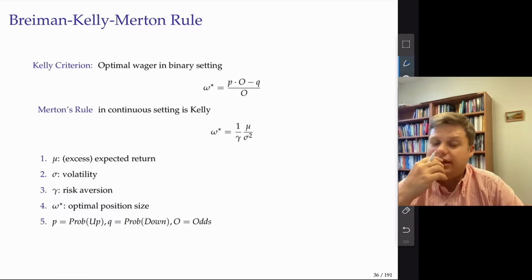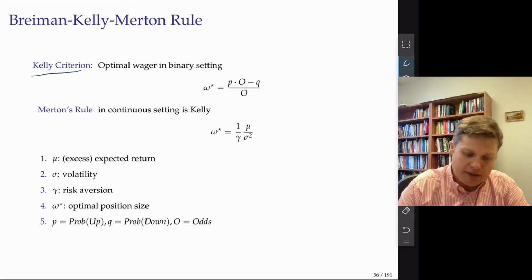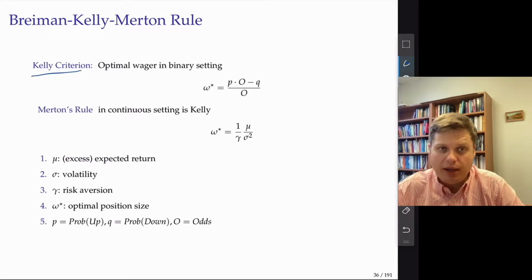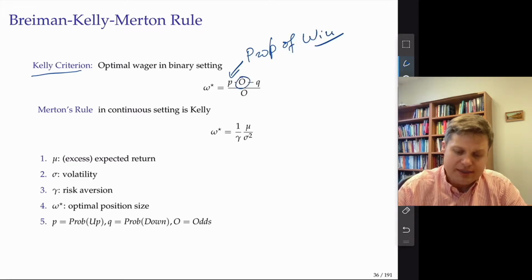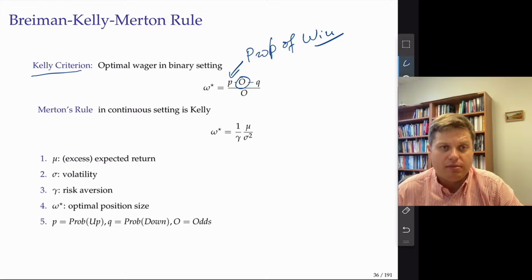Now let's look at the extension of the Kelly criterion. It's called the Breiman-Kelly-Merton criterion. You remember the Kelly criterion applies to Bernoulli games, to binary games, when you win with probability p, that's the probability of a win, and o is the odds offered by the market.